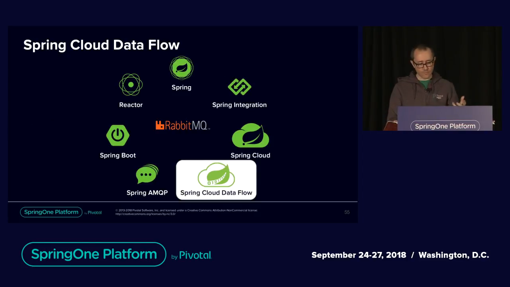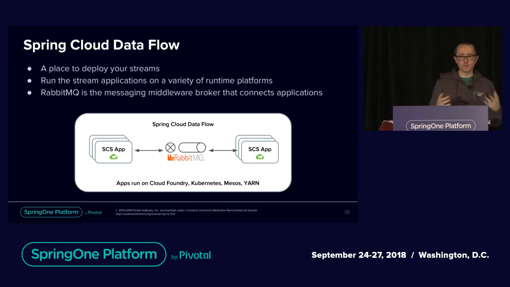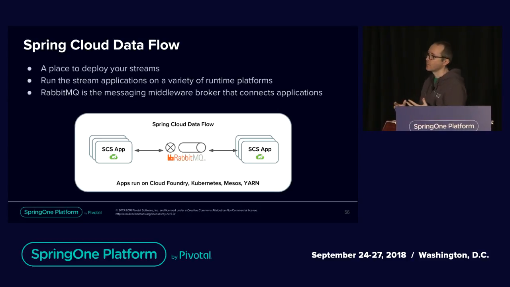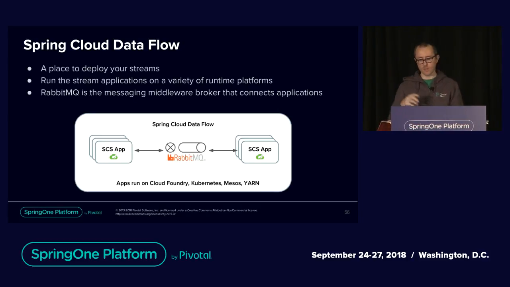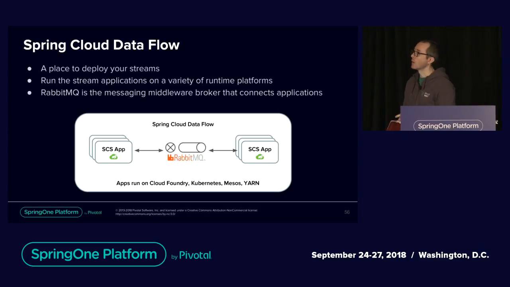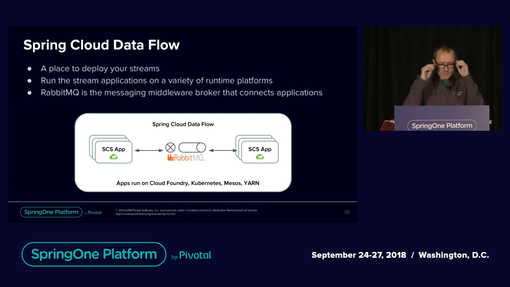And then one step further, there's Spring Cloud Data Flow. With Spring Cloud Stream, this is more of a framework in a way, and here, this is the runtime. You can write your Spring Cloud Stream applications and then deploy them with Spring Cloud Data Flow. It can take care of the deployment, undeployment, and also scaling, all of this.